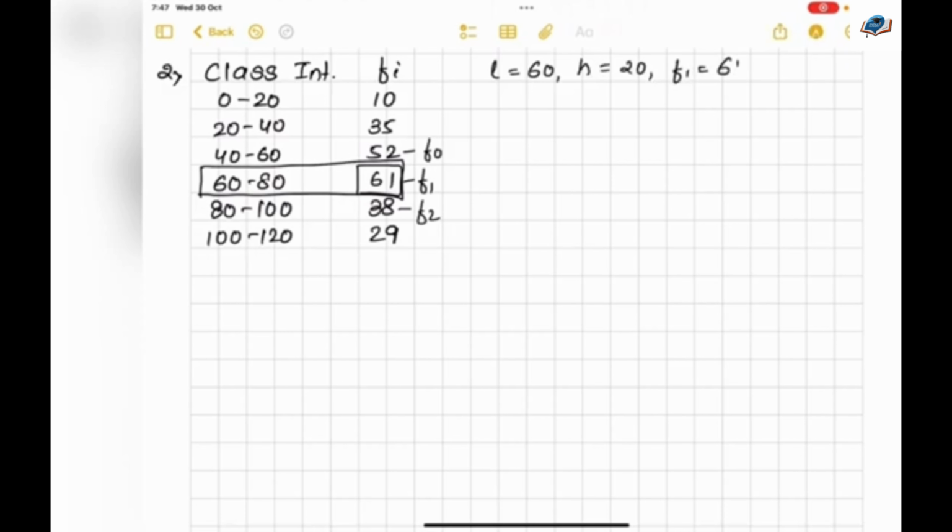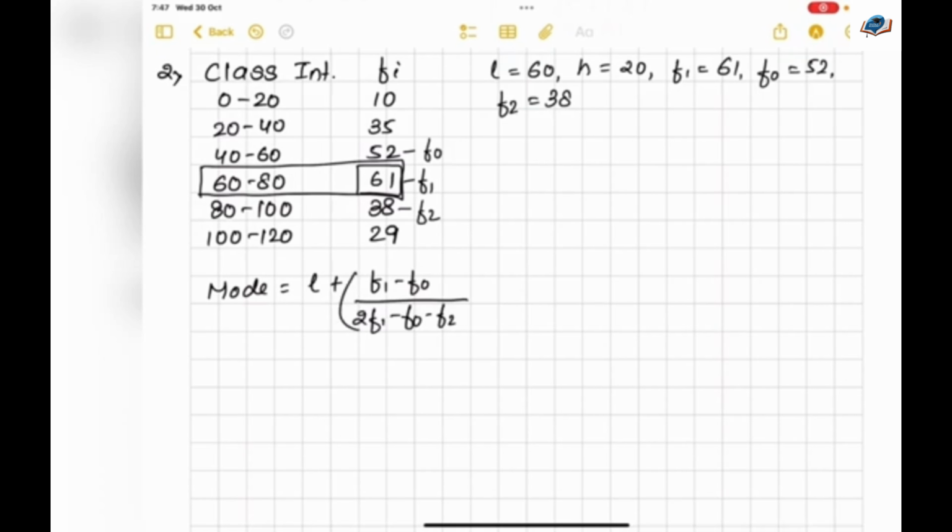Then F1 is 61, F0 is 52, and F2 is 38. So putting all the values in the formula, mode equal to L plus (F1 minus F0) upon (2 F1 minus F0 minus F2) into H. So L is 60 plus F1 is 61 minus 52 upon 2 into 61 minus 52 minus 38 into 20.